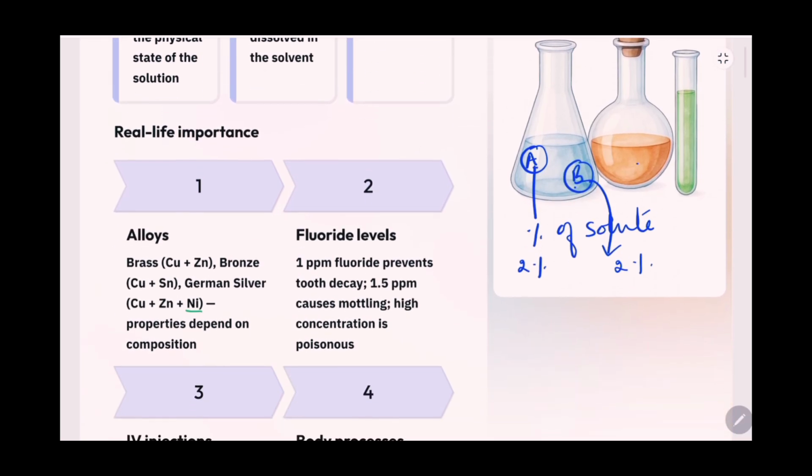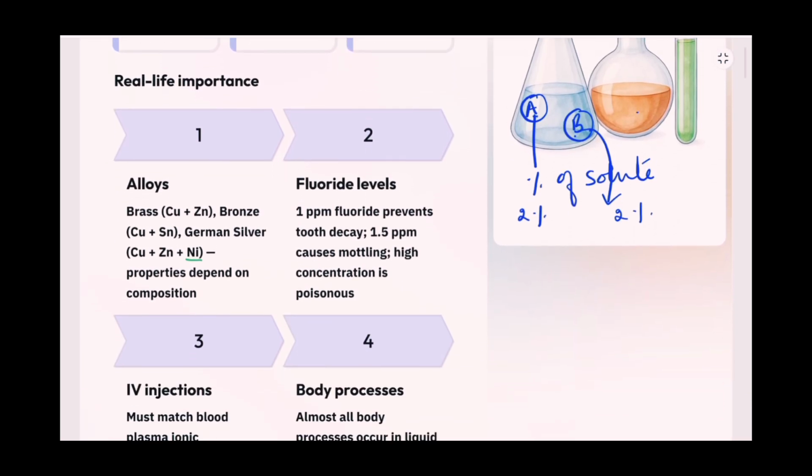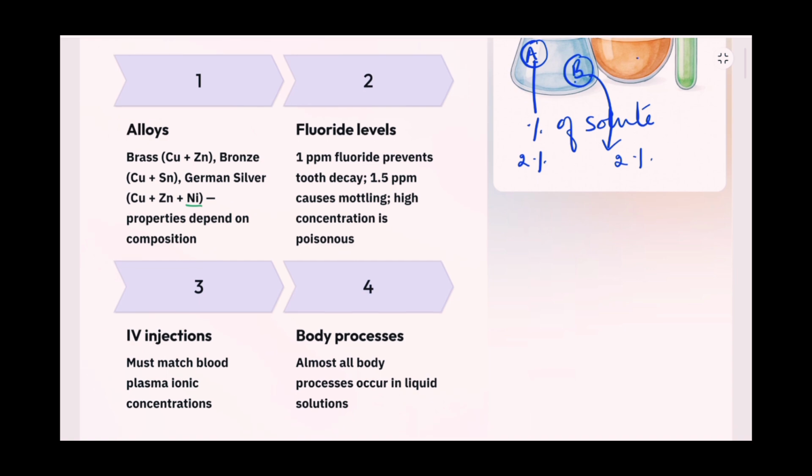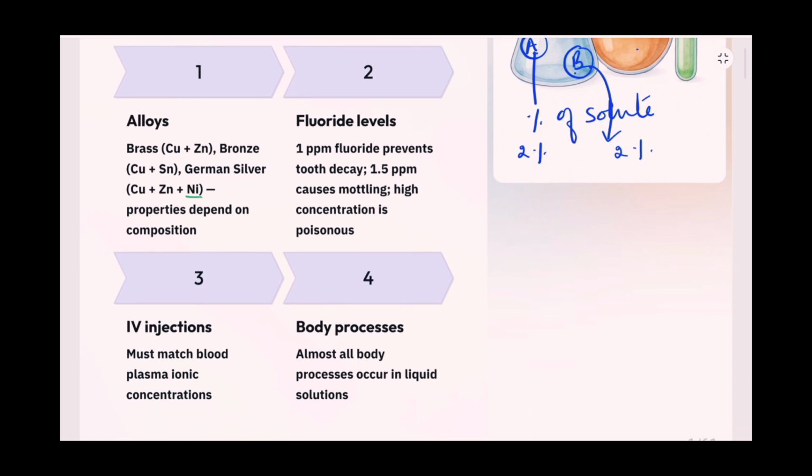Let's understand why this chapter is important in our daily life. Now in this whole chapter you will be talking about various things. The first example over here is alloys. So basically, what is an alloy? Alloy is a mixture of two or more than two elements, out of which one element essentially has to be a metal.